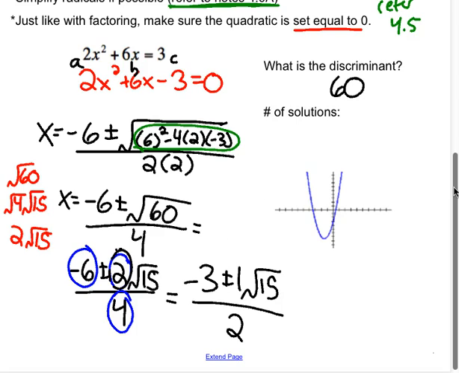And of course, you don't really have to show the 1 there. That was just for visual learners that needed to know where did the 2 go. So you can picture a 1 there if you want to. There's nothing wrong with that. But that's how you would simplify these things this time. Okay? And what I want you to notice here, we have another positive discriminant.